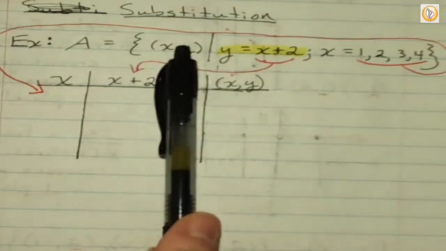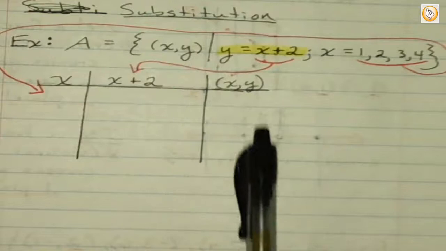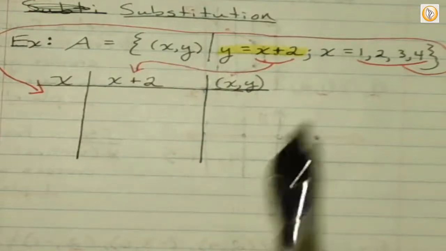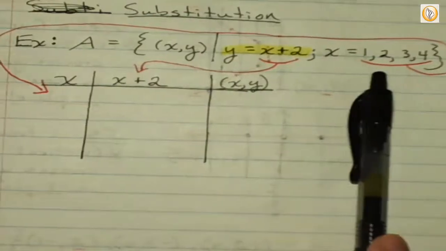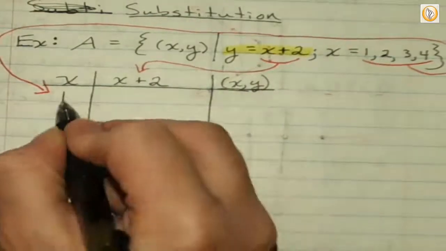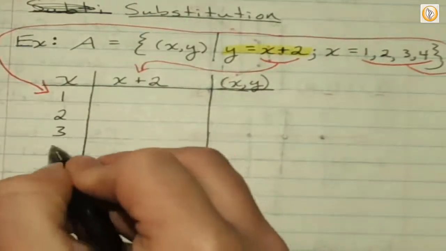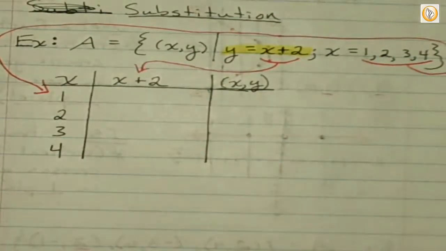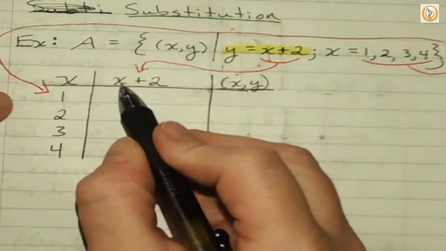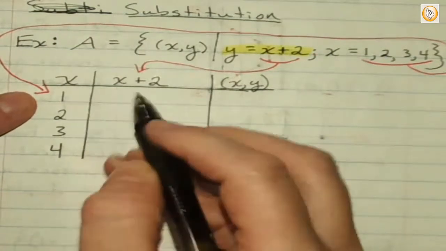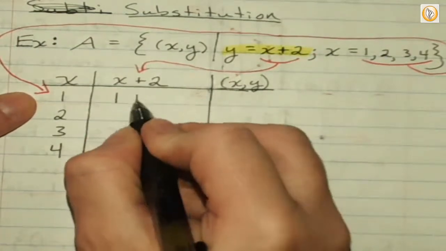And so you're looking for ordered pairs, which is right here. We're going to find that. Here's the equation. We're sticking it here. Here, they gave you the X, so I have 1, 2, 3, and 4. And then we just substitute the X here for each of these. So here I'd have 1 plus 2.